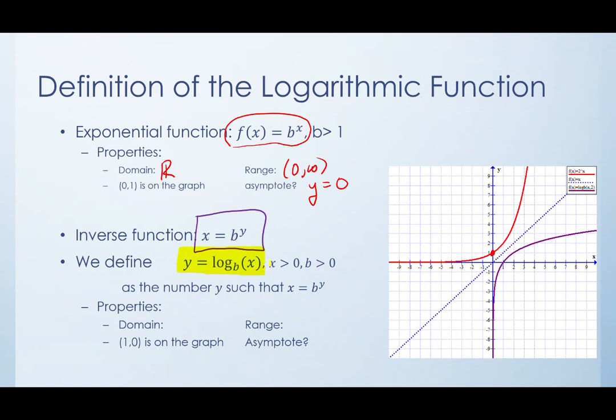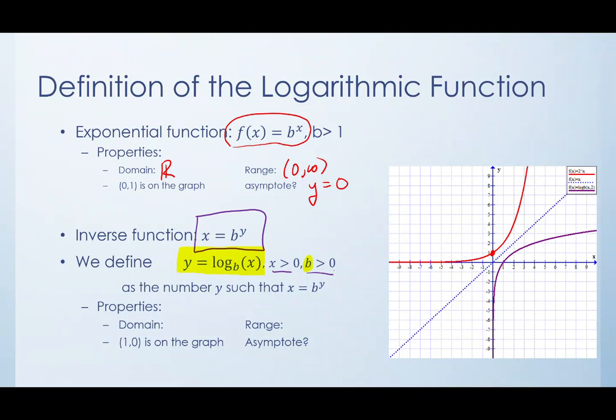And the restriction here, of course, is that our base needs to be bigger than 0, which was true for the exponential. So this b is the same base as from the exponential function. And we need x to be greater than 0. All right, so we have those two restrictions on here.